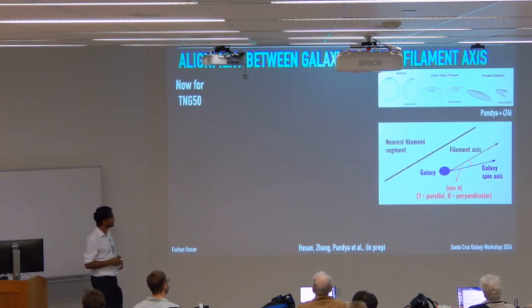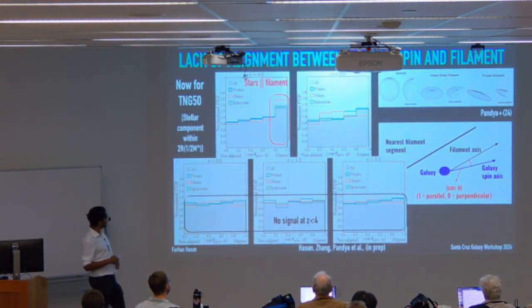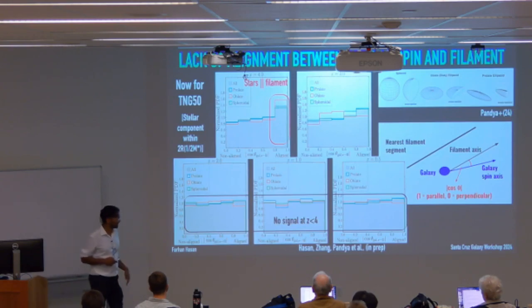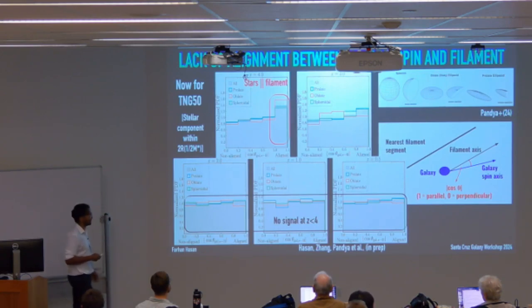So here I'm going to show you the angle between the spin axis of a galaxy and the axis of the nearest filament segment. And these here are the normalized histograms for this angle, measured in cosine theta. So 1 means the galaxy stellar spin, measured within 2 times the half mass stellar radius, is parallel to the nearest filament, and 0 means it's perpendicular.